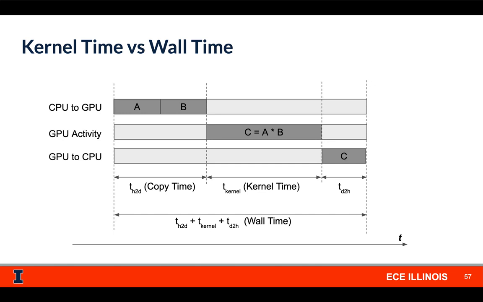So our total time is going to be the time that it takes to do the host-to-device transfer, which includes copying both A and B, plus the time it takes to do the kernel, which can't start until we've finished copying B, and then the time to copy C back to the host, for the total wall time of this application.